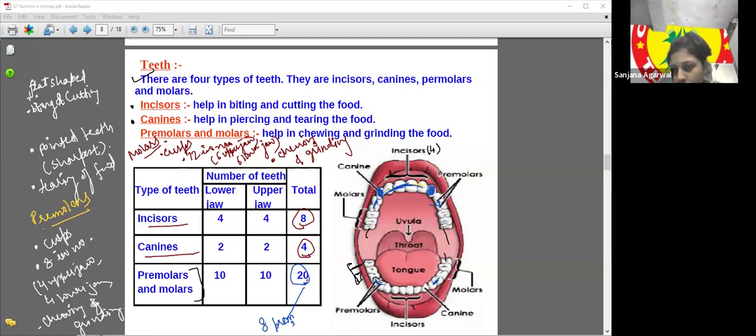Canine I have missed here. Canine are one on each side and similarly one on the downside. Premolars are two pair. On both sides you can put a label so that it does not create confusion. And the last three are molars. The black color bracket is shown here. I hope that's visible. These are molars. And same on the lower jaw.